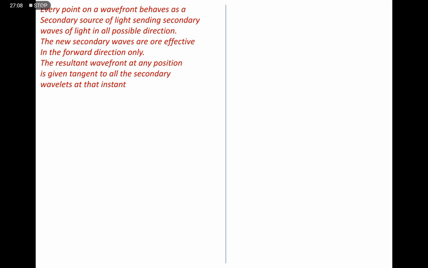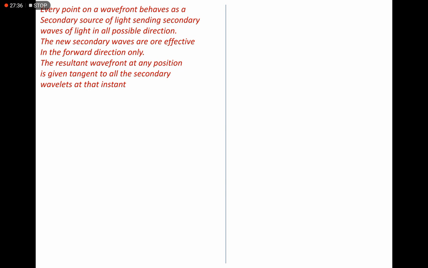Now, these secondary waves are effective in the forward direction. With this, you can explain the rectilinear propagation of the wave. And this wave simultaneously reaches the point because velocity and time for the distance traveled by the waves is the same.